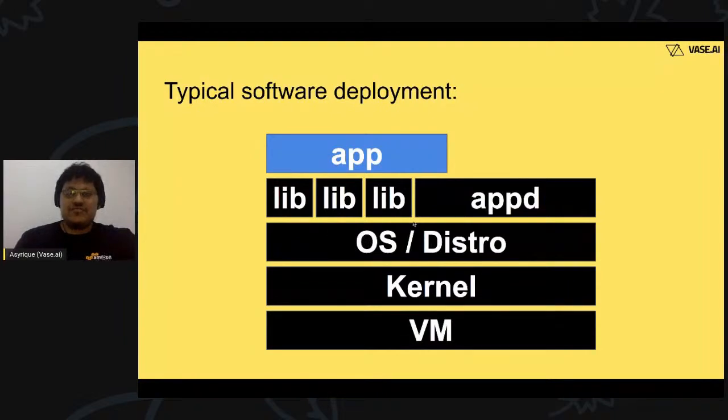Then you have the OS, which is all the other bits and pieces around the kernel that handle stuff for the operating system, a bunch of libraries, and then finally, your app. The code that you actually write is only this part of what you control. However, you have to manage all of this stuff.